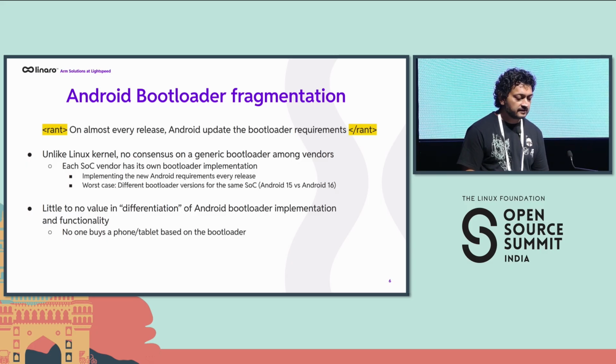And in the worst case, maintains different versions of the bootloader for the same SoC running different Android release versions. Meanwhile, these vendor bootloader implementations add little to no value in the differentiation of Android functionality, because no one buys an Android phone because of the bootloader.